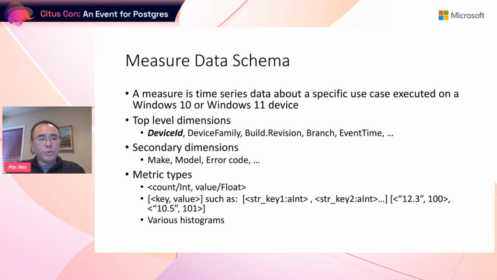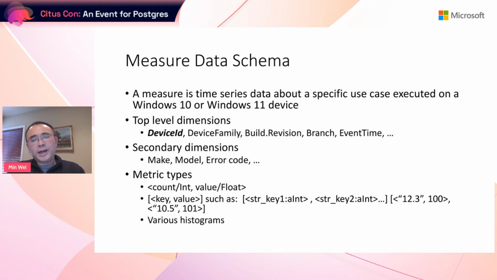Each release of Windows puts a unique device ID on each install. Some are OS dimensions like build revisions, and some are device dimensions. Coming from census, we know the make and model of a particular device. Some dimensions are very unique to a measure, like the error code, or if you've done some Windows programming, it's called HRESULT.